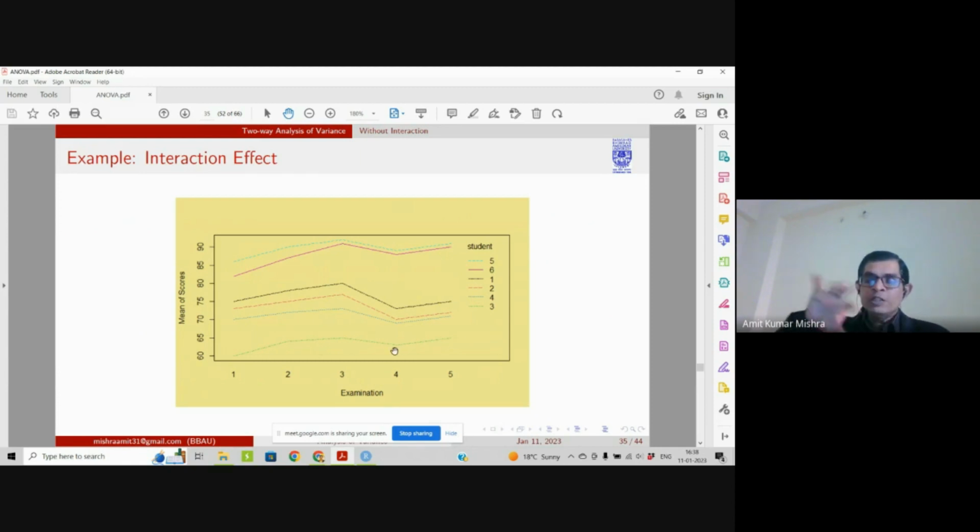That means the pattern is almost the same for all the students between examination and marks. For all the students, the pattern is the same. So you can see that if these lines are almost parallel to each other, we conclude that there is no interaction. Okay, this is the idea. So in this, there is no interaction. We assume that, and we have shown it with the help of this graph.